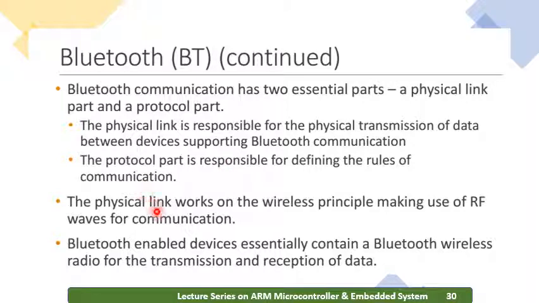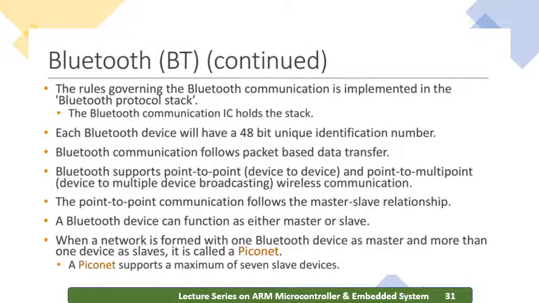So here what happens is the physical link works on the wireless principle, making use of RF waves for communication. Bluetooth enabled devices essentially contain a Bluetooth wireless radio for the transmission and reception of the data. Okay. So every Bluetooth device will be having a 48-bit unique identification number, and it follows packet-based data transfer. And whenever you connect point-to-point, then it will be using a master and slave relationship.